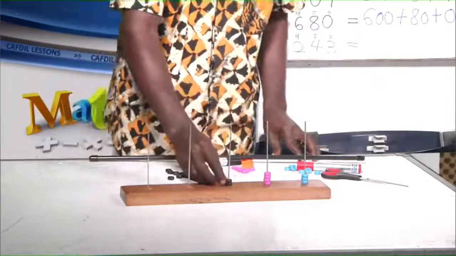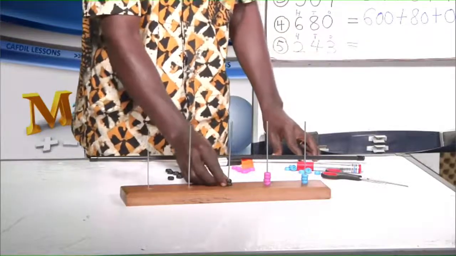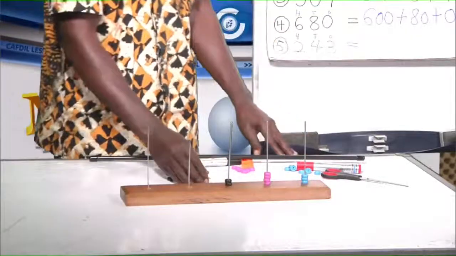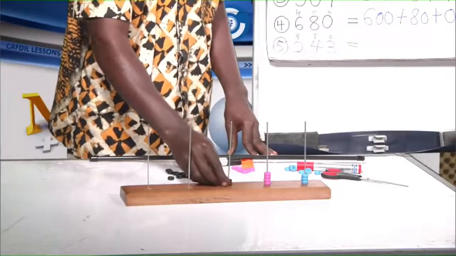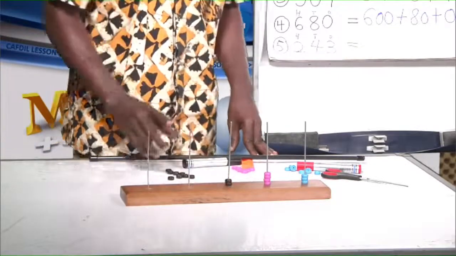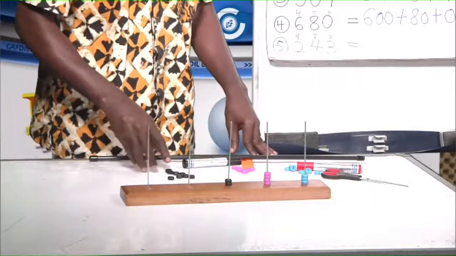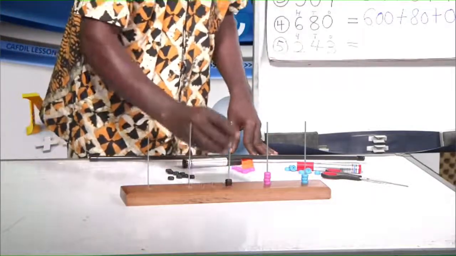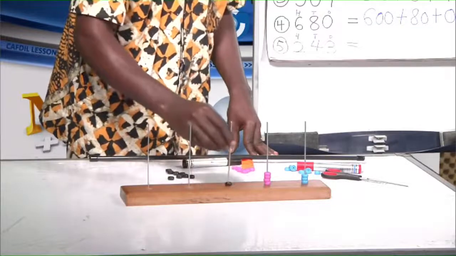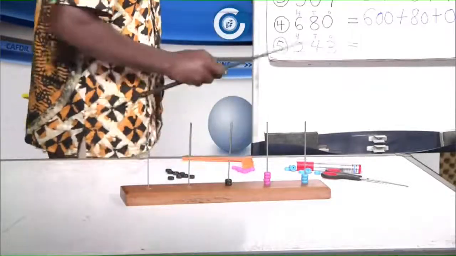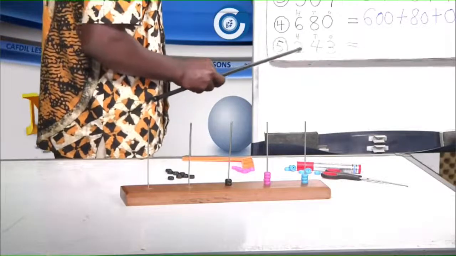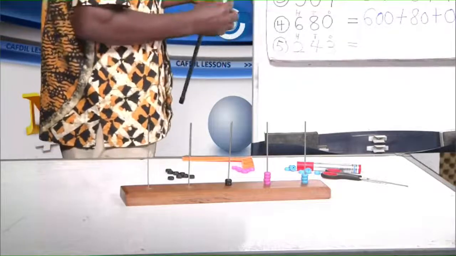So for the hundreds column, we have 2 beads here. And remember we said each bead under the hundreds column shows 100. So we have 100, 200. So this 2 is actually 200.